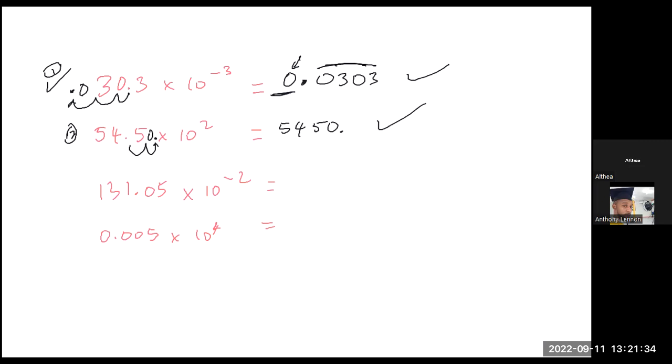All right, and what about this one? 1.3105. So we go 1, 2 places to the left, indicated by the negatives. So 1.3105. Okay, good. Next one.